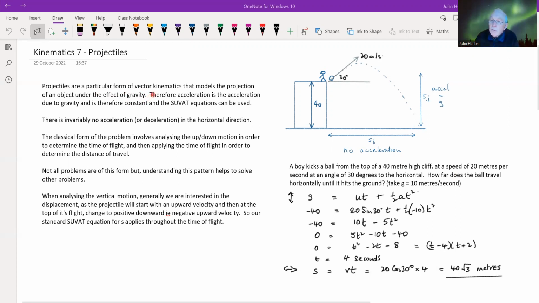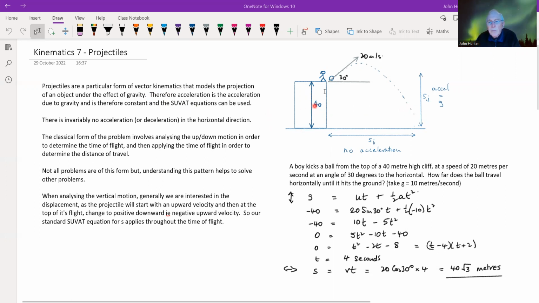The acceleration due to gravity is constant, and therefore we can use our SUVAT equations, and we're using them in two directions. I should say that that's a vertical acceleration. There's invariably no acceleration in the horizontal direction.